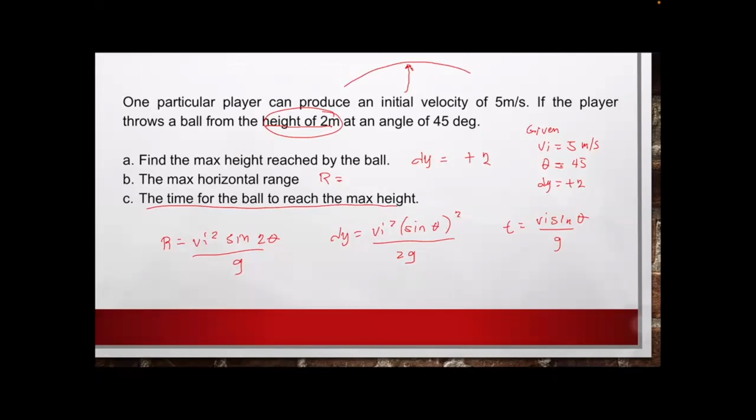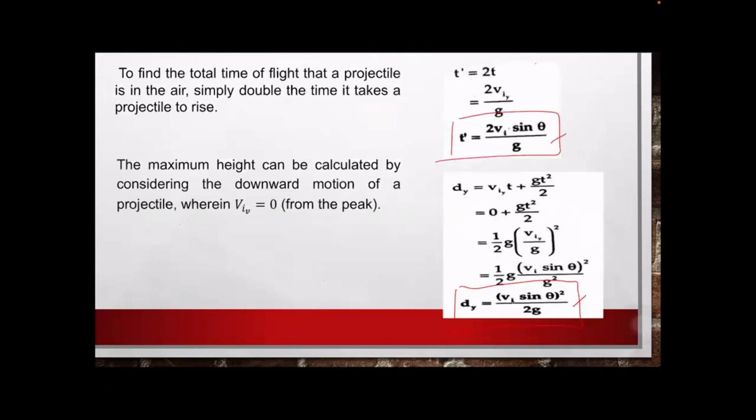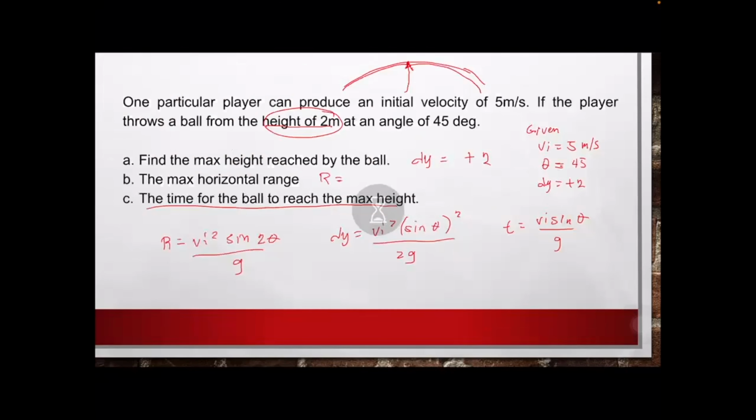Kapag may 2, simula dito hanggang dito, tapos simula papunta pababa. Kaya nagkaroon siya ng 2. Since ang given lang natin is the time of flight, we will just use Vi sine theta over g. Ito yung saan siya galing. Okay na?